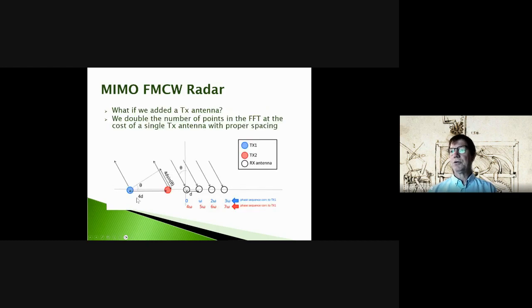Here we're going to add a transmit antenna, but note that with the cost of one transmit antenna, we can get the same number and spacing, if we've done it right here, of received signals from these 4 receive antennas.